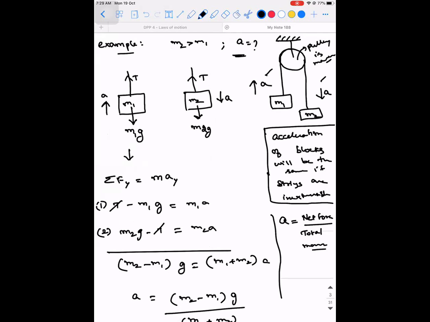How much is the unbalanced force that is required for this system to accelerate? You can directly write it even without writing all these mathematical expressions. It is (M2 minus M1) into g divided by the total mass.